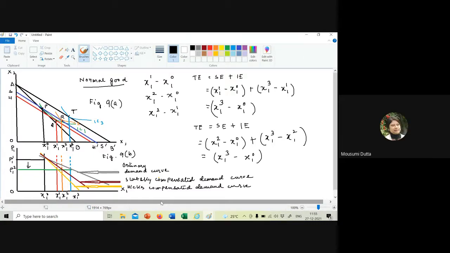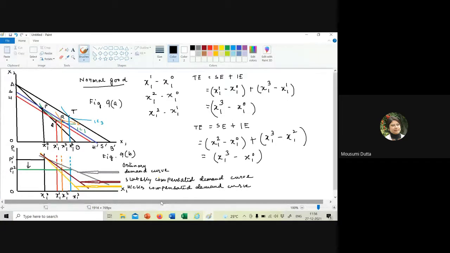So if you have more income, you will spend more on X1 because the concerned commodity is a normal good. Am I right? Yes, ma'am. On the other hand, if the concerned commodity is an inferior one, and I have more money in my hand, I'll consume less X1. Am I right? Yes, ma'am.